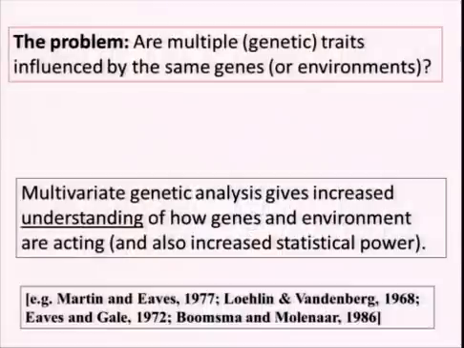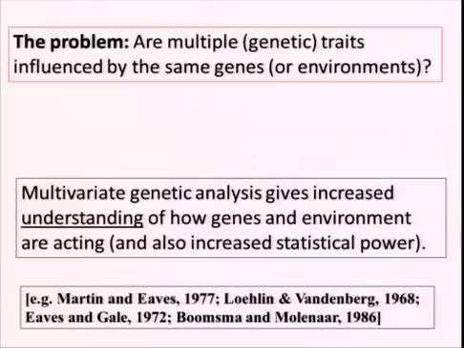So since the 1920s, 1940s, there was this question around. There are very many, maybe an infinite number of phenotypes that nearly all are to some degree influenced by genes. The information in the genome is probably limited. So are the same genes influencing multiple traits?